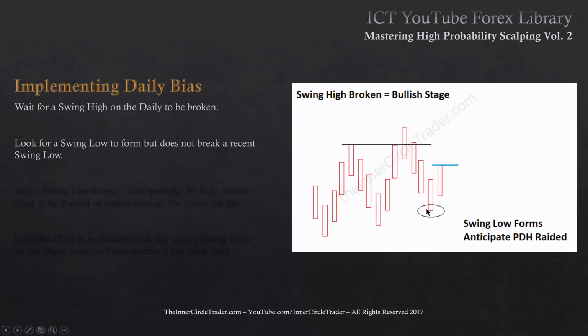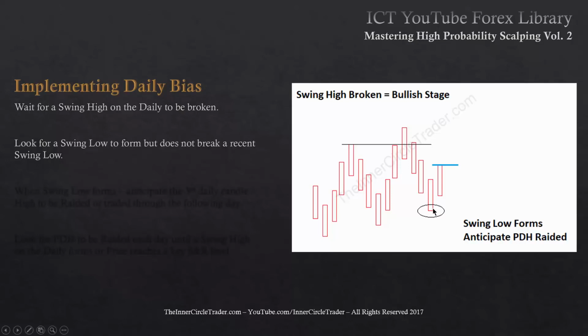Key point here is this swing low should not take out a previous recent swing low. So if we have this criteria immediately after a swing high is broken, we have the probable optimal trade entry scenario by itself on the daily chart.